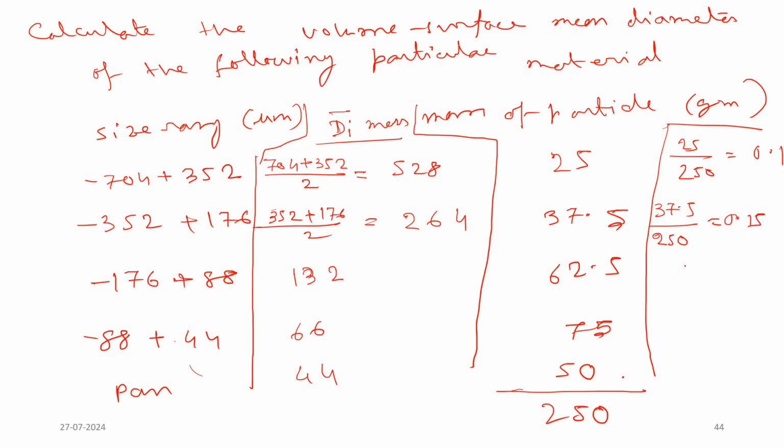Similarly, the third one is 0.25. Then 0.3, and the last one is 0.2. Now we have got all the diameters and the mass fractions. Here the heading will be mass fraction, that is xi.